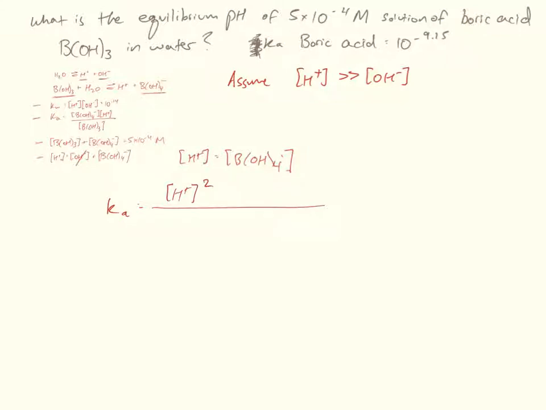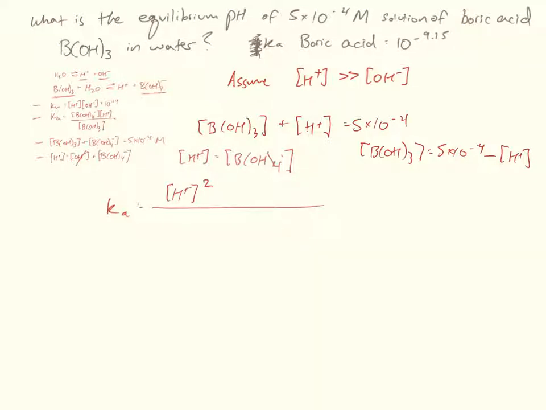We'd like to be able to express that in terms of the H plus concentration as well. So if we go to the mass balance equation, BOH3 plus BOH4 minus, which we said was equal to H plus, equals 5 times 10 to the negative 4th, and thus BOH3 equals 5 times 10 to the negative 4th minus our H plus concentration.